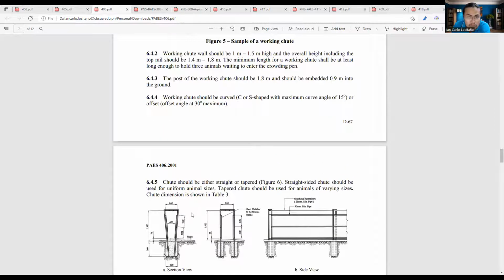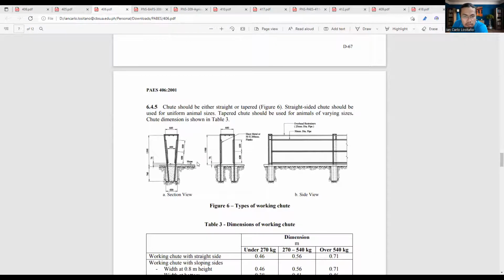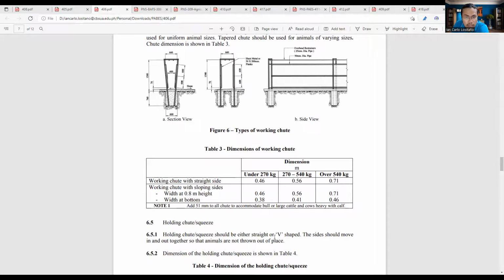Now for the working chute, okay, it could be curved, C or S shaped with a maximum curve angle of 15 degrees or an offset of 30 degrees maximum. Okay, please see the types of the chute, either tapered or straight. And then for those with sloping sides or tapered, okay, the width and the length are dependent on the weight of the animals.